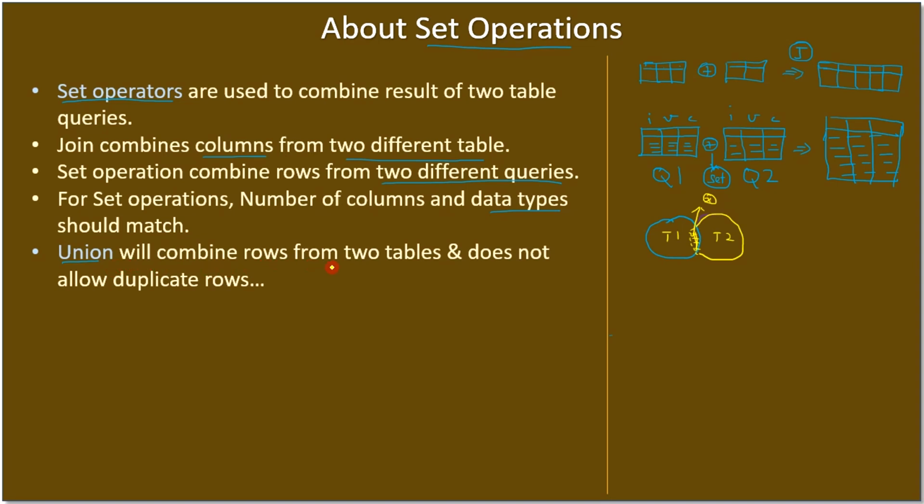Union will combine rows from two tables, but it does not allow duplicates. So if table 1 contains row 1 and table 2 also contains row 1, then one of them will be skipped. Since they are matching, they will get skipped.